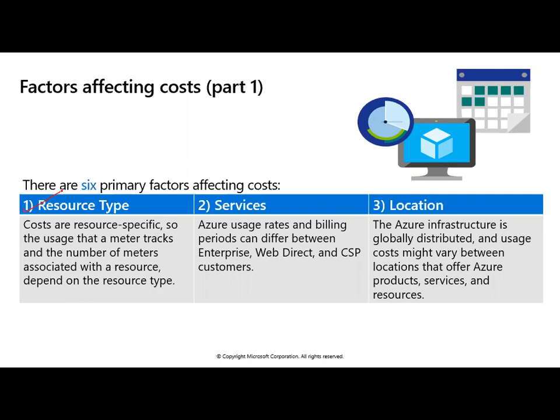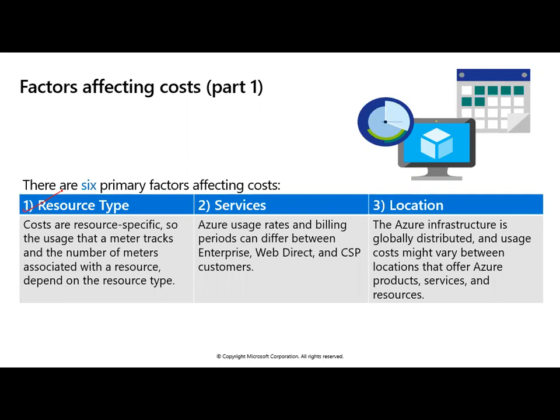Similarly, if you are going for a virtual machine, the kind of image you are using and the licenses required for that matter. The disk size, whether it is a basic disk, a standard disk or a premium disk, defines your price. Similarly, with processors, 4 processors versus 8 processors defines how your resources are going to incur cost.